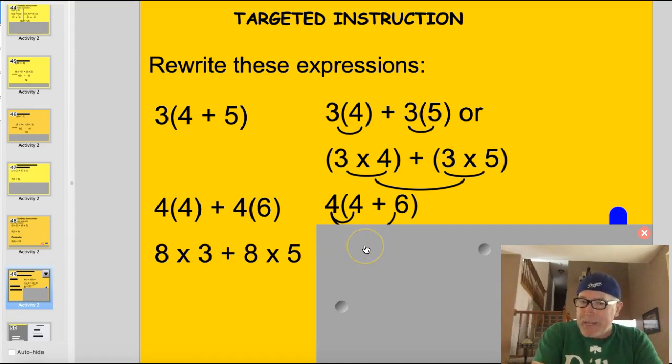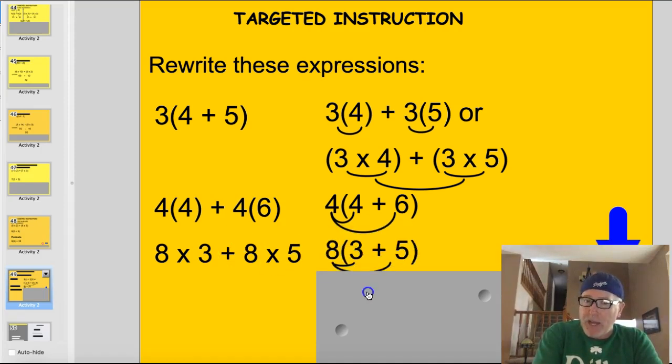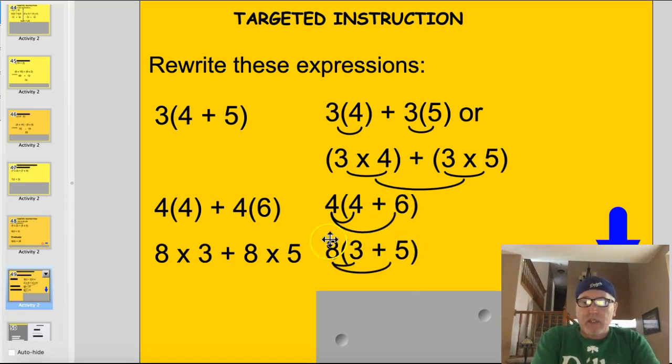So you don't really need them, but I can distribute that 8 out and put it here as 8 times 3 plus 5. Now you're going to notice these little arrows that I put all the time. That's to help me remember that when I do this, I'm going 3 times 4 plus 3 times 5. And when I have an answer that way, I can break it down by going 8 times 3, 8 times 5. I highly suggest you put those in.